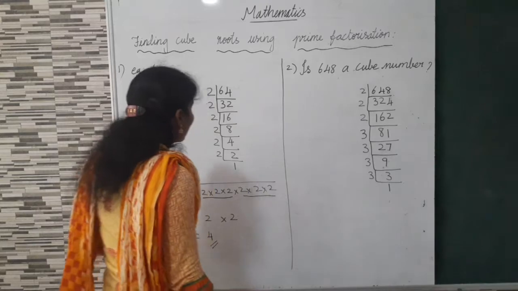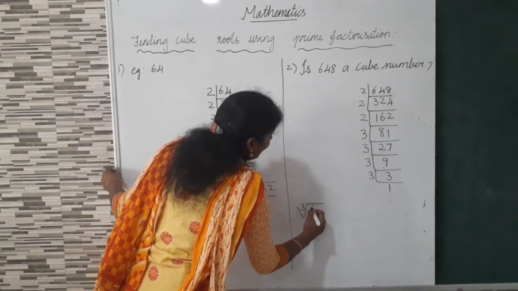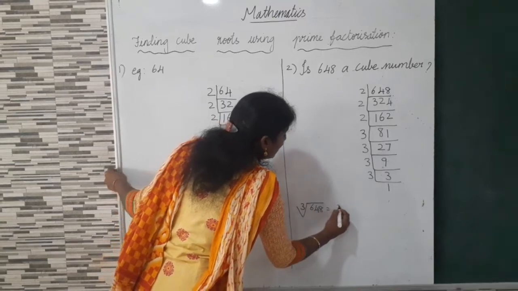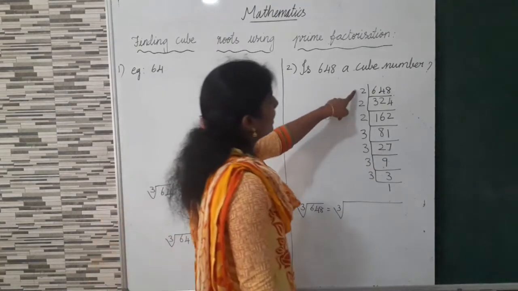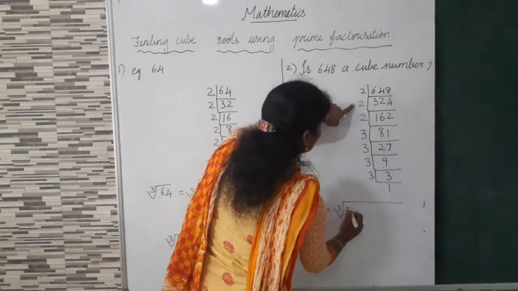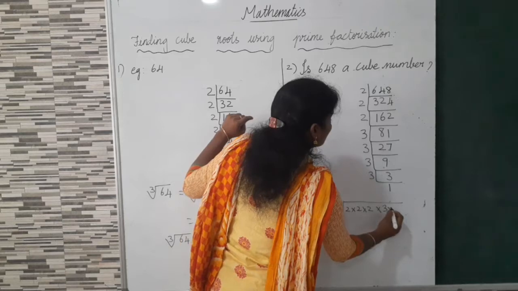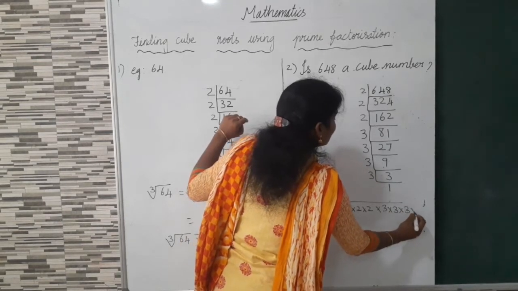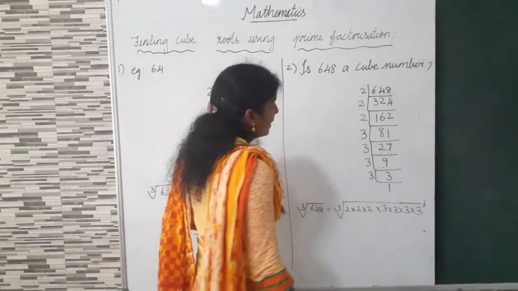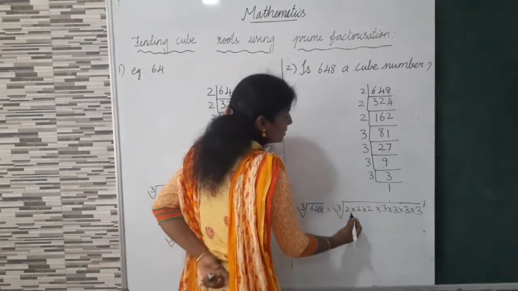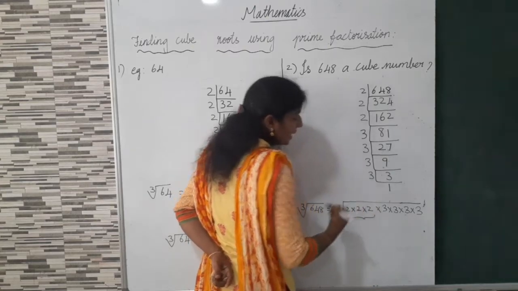Now we can write, therefore, cube root of 648 is equal to cube root of 2 into 2 into 2, 3 into 3 into 3 into 3. Now here 3 times 2, we have 3, we want to take 3 in 1 outside.